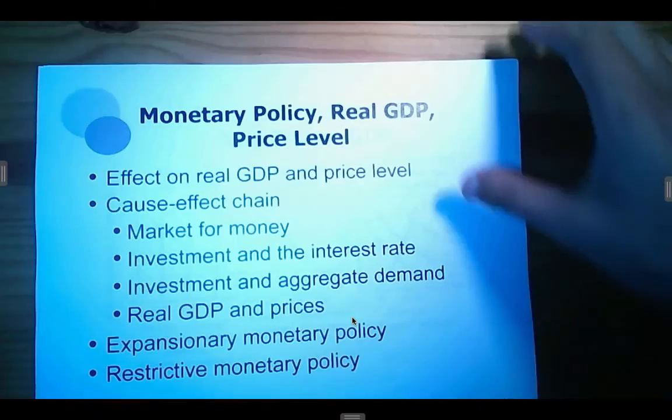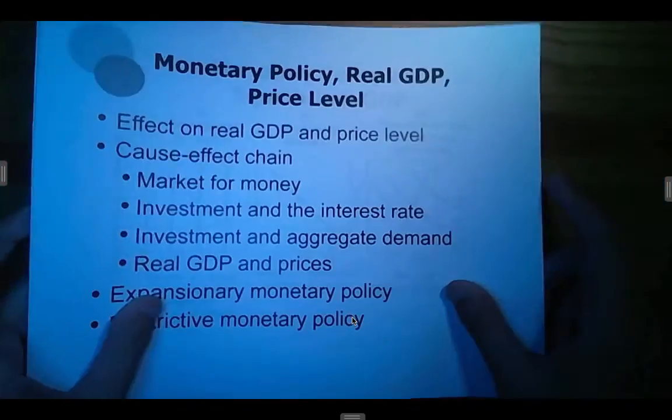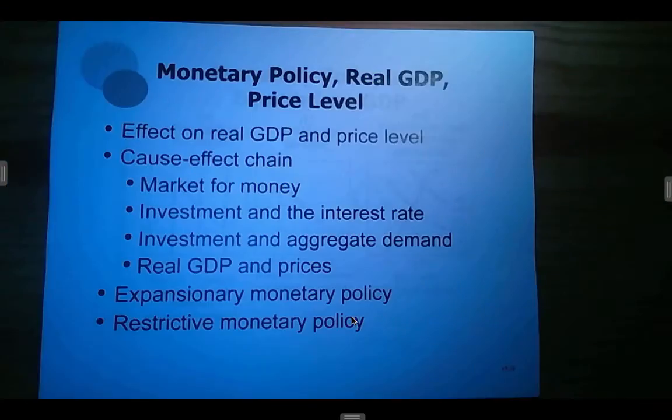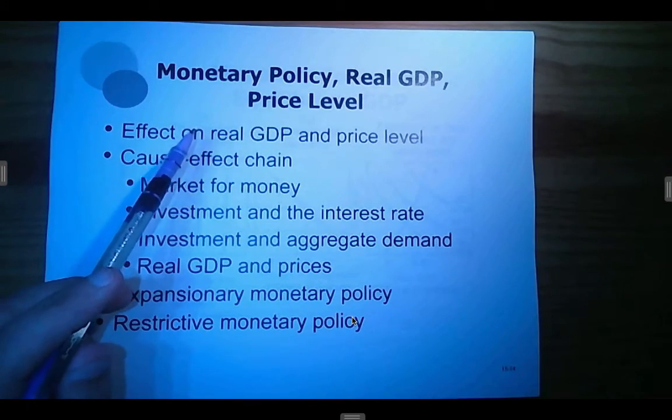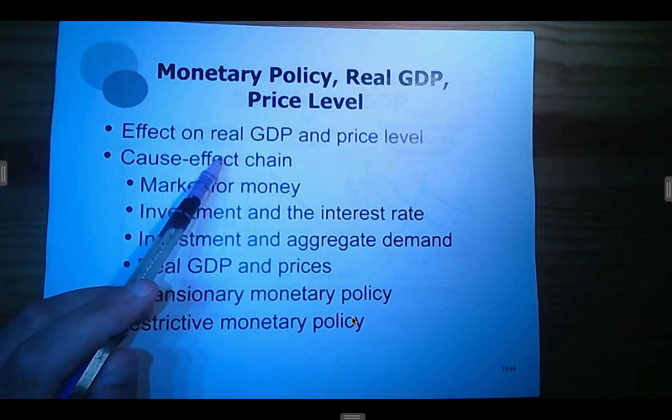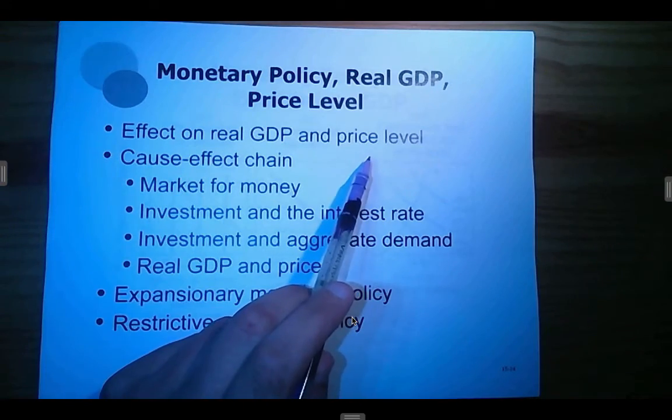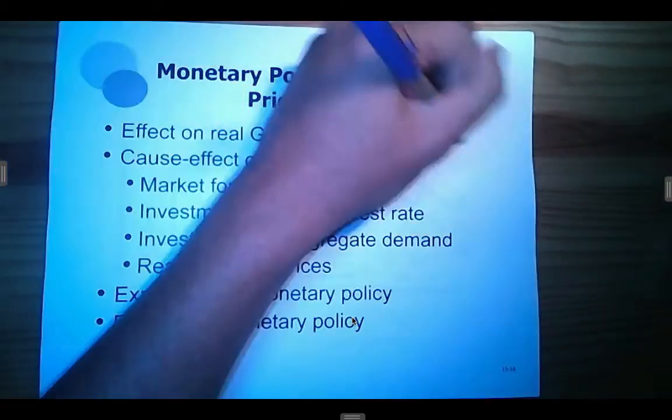And so when we put that all together, what we see is that changing the money supply then changes the GDP levels and changes the price levels, right? We saw that.